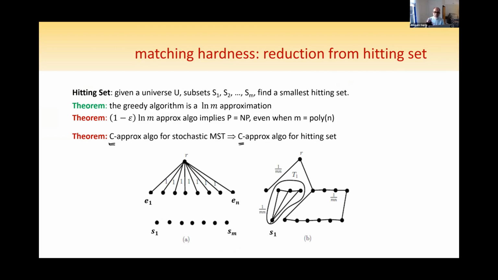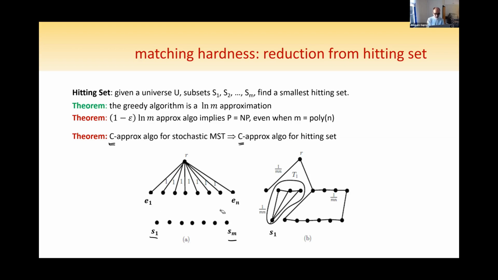And let me give you a very impressionistic view of what's happening. I want to solve hitting set. Remember what was hitting set? There are sets S1 through Sm and elements E1 through En. And I want to pick the smallest set of elements which hit all sets, right?